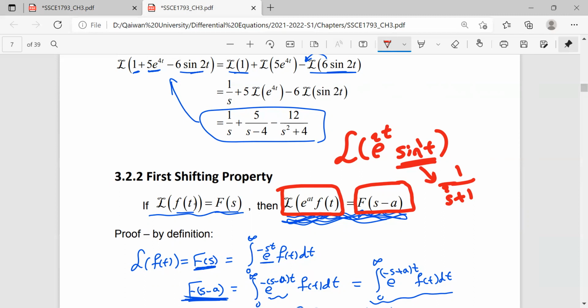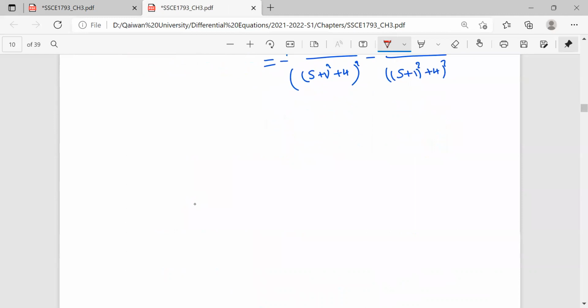Then we replace each s in this f of s. We are going to find f of s minus a. A here is 2. This equals 1 over s minus 2 squared plus 1. Okay, we talked about these examples before.